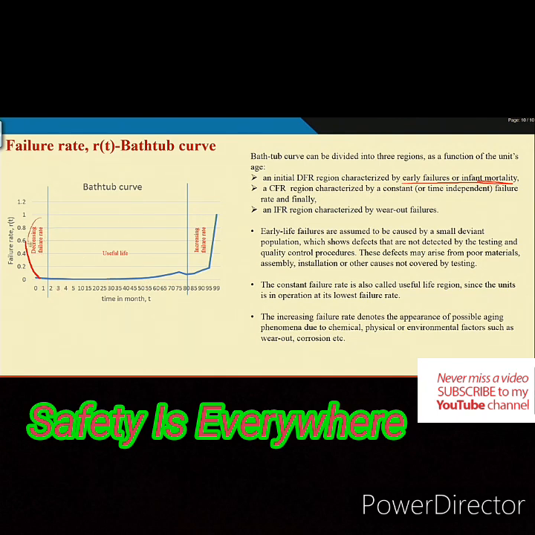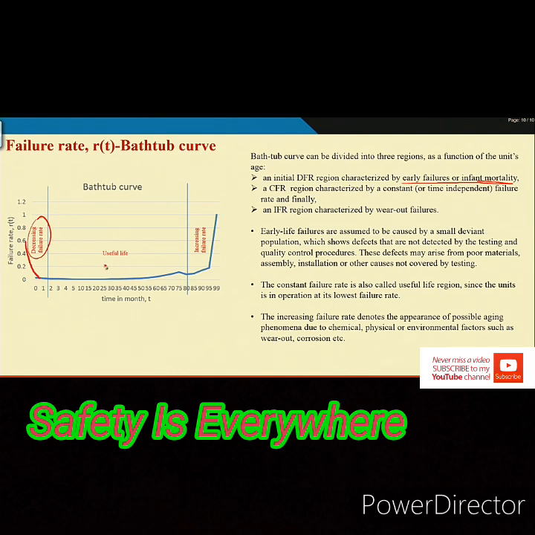So, this is decreasing failure rate, here constant failure rate, and this is increasing failure rate. This constant period will be quite large compared to the early failure period, and that is the burn-in phase. Then the last phase will be the increasing failure rate.